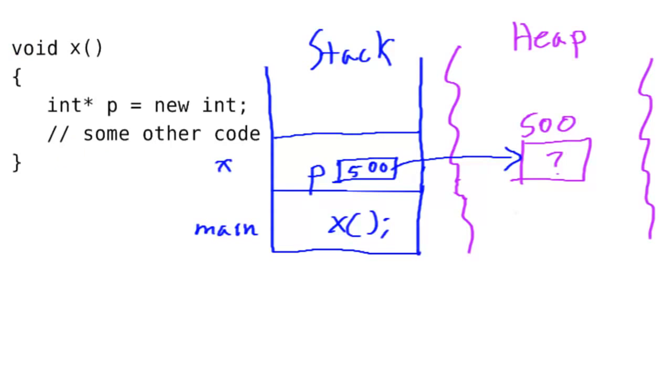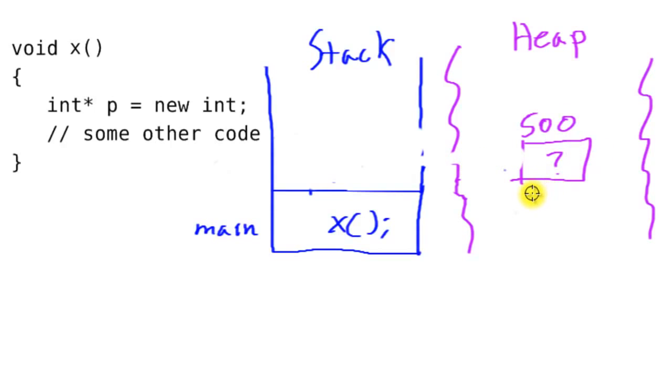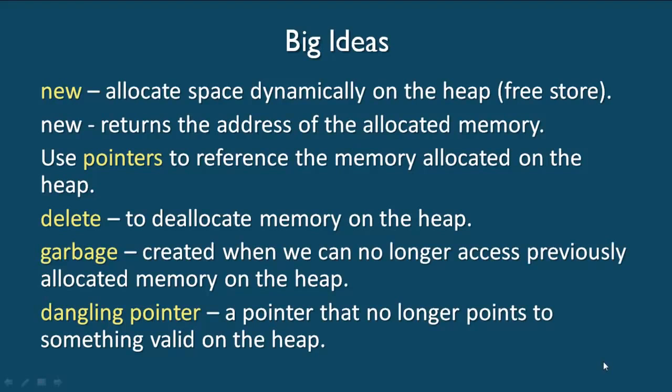We end up having the stack frame being popped off, so all that stuff gets removed, but we still end up having our int out there on the heap, and nobody can reference it, so we just have created garbage here, so that's not a good idea. And that probably is a more common way of creating garbage than maybe forgetting to do a delete before reassignment. They're both fairly common. Alright, so let me summarize some of the big ideas from this video.